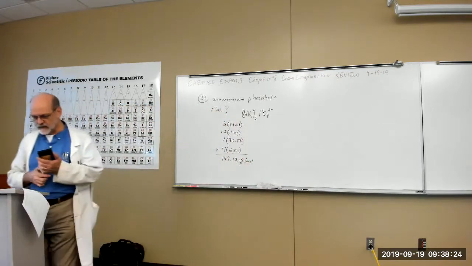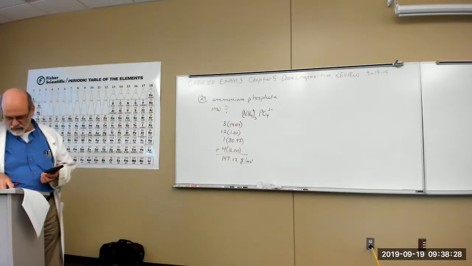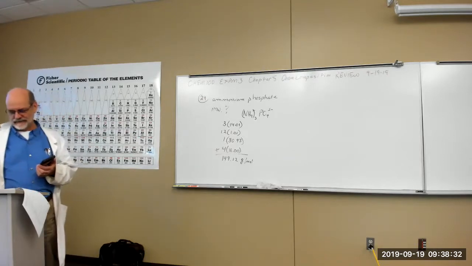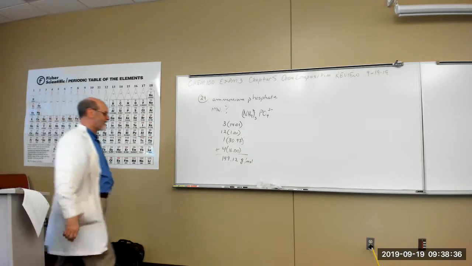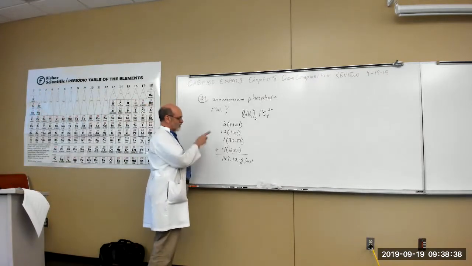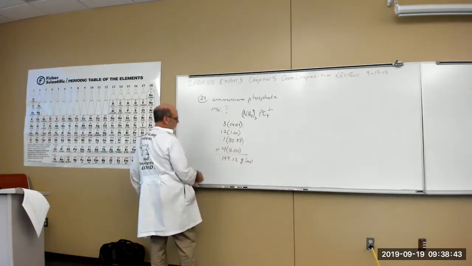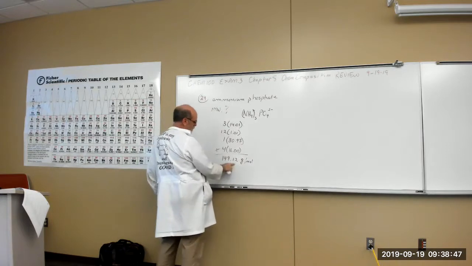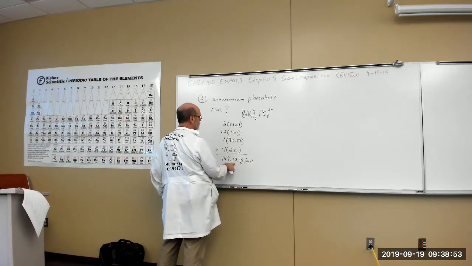Let's see if the answer is there. Close. Closest one is 149.09. So that's the one we pick. Must be a rounding error somewhere. Let's see, 09 would be 0.03.